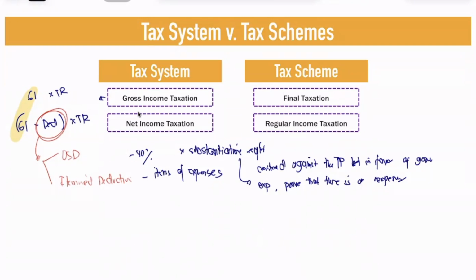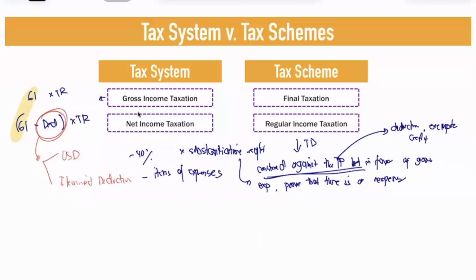Kaya nga, anything that decreases the tax due is strictly construed against the taxpayer. Naalala nyo to? And ano yung mga yon? Pwedeng deduction, pwedeng exemption, pwedeng credit, etc. Anything that could decrease the tax due is strictly against the taxpayer.